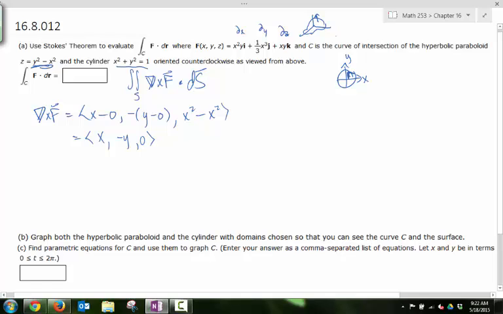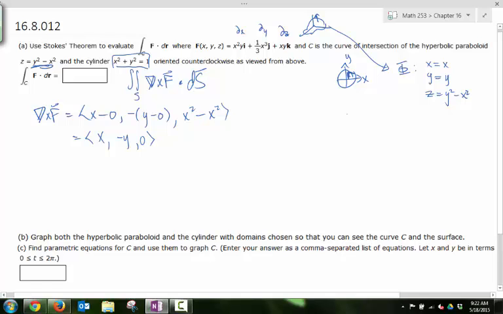Now for the parameterization of our surface, for now let's keep it as x and y and then change into polar later on if we have to. It looks like we will have to, since this is the shadow that our surface will make. So x will remain as x, y will remain as y, and z will be y squared minus x squared.